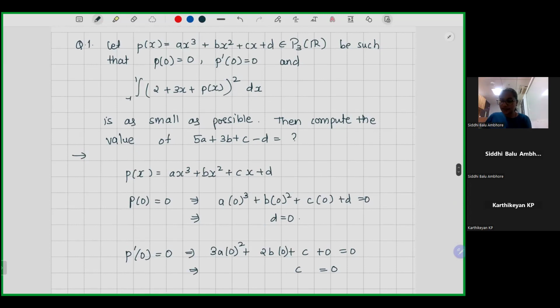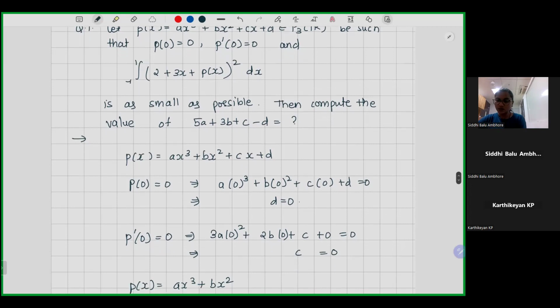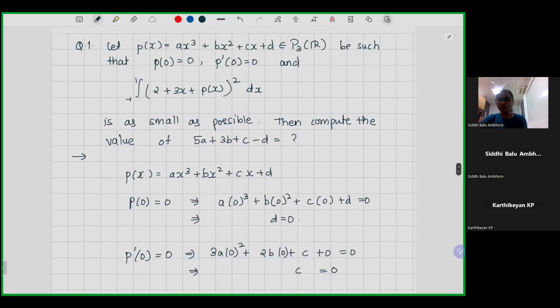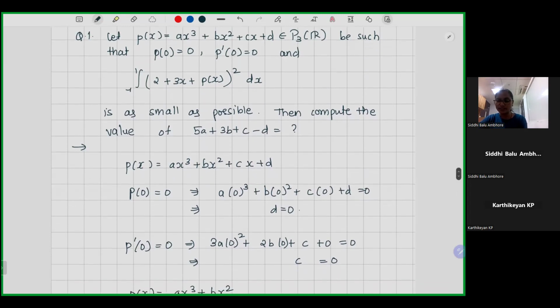And they have said that this integration is as small as possible. So we now have to find the value of 5a plus 3b, because c and d we got to be 0 and 0.